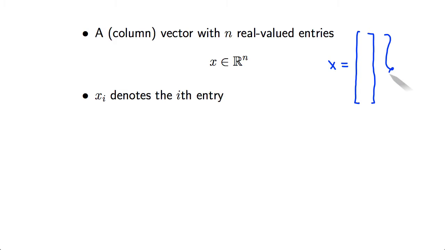So here, there are n different entries in this vector, and really n different rows and one column. Similar to before, xi will denote the ith entry. So row i here, the element in that row, the ith element, will just be denoted as xi.